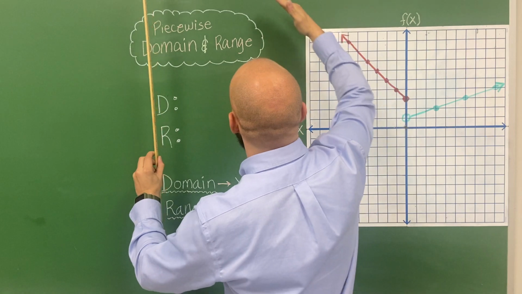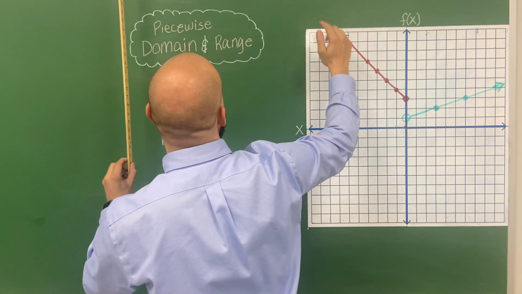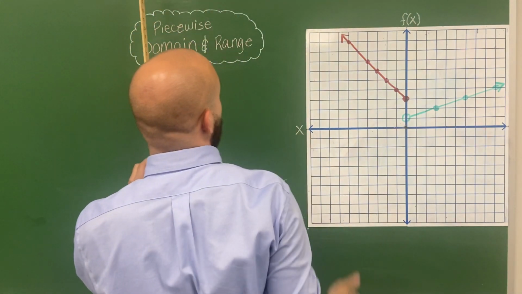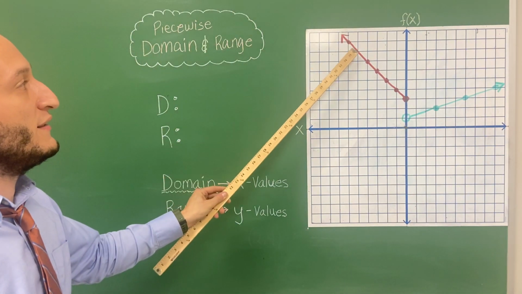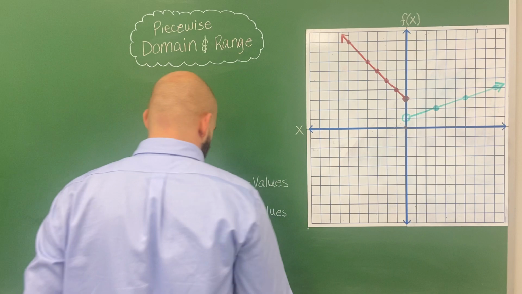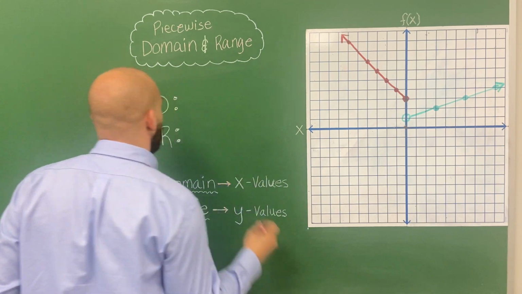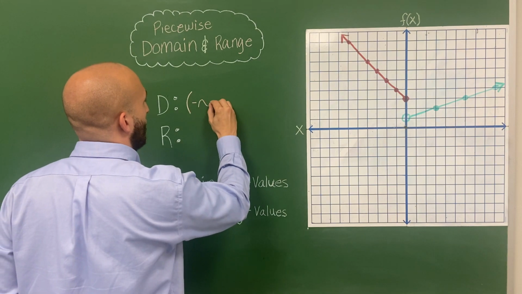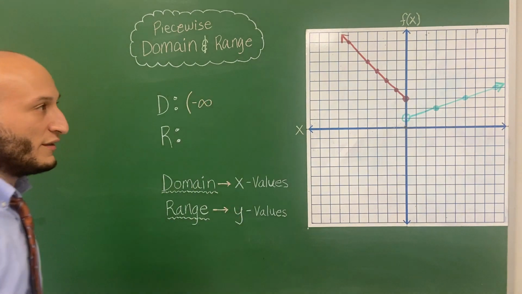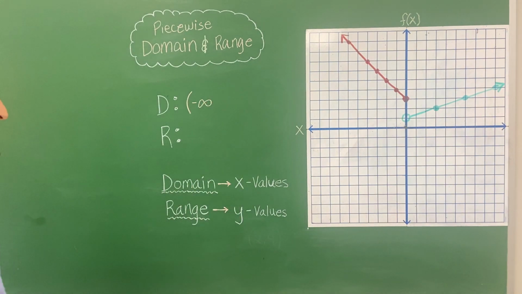Yes, it goes to the left forever. It's got an arrow. So no matter how far I go to the left, I will see this red line. So all the way to negative infinity, I will see a red line, comma.